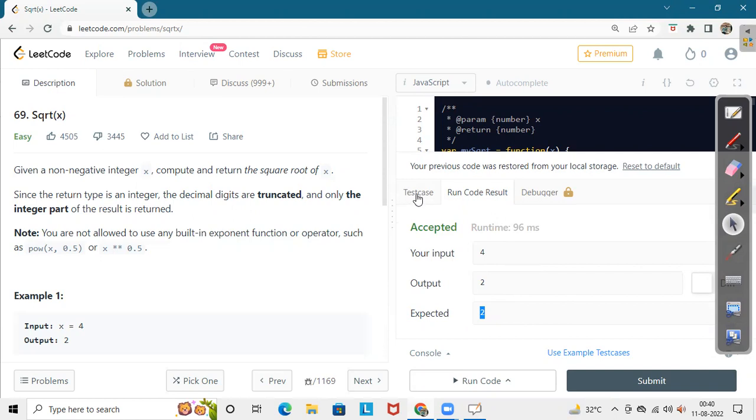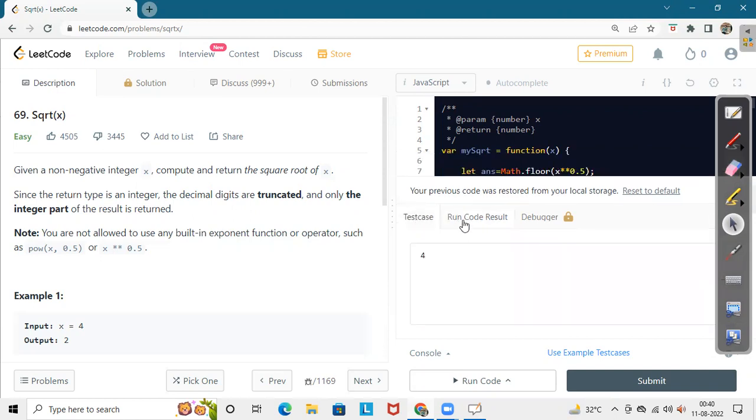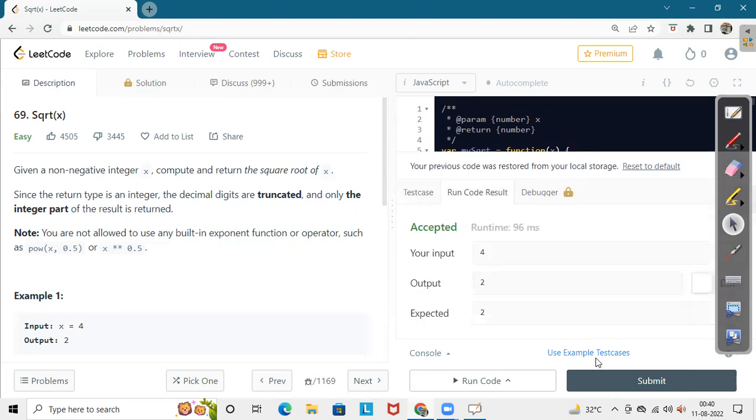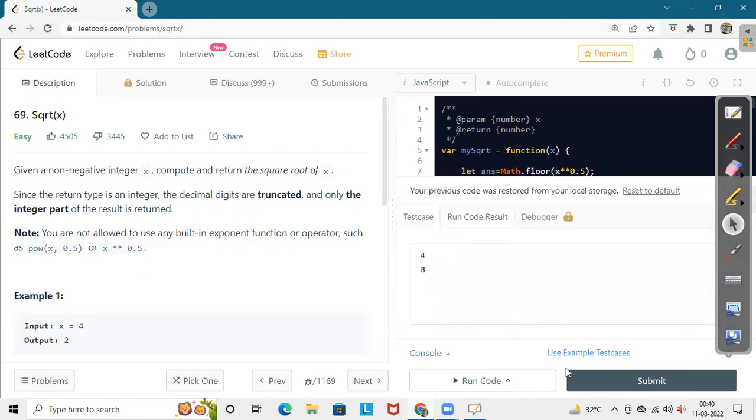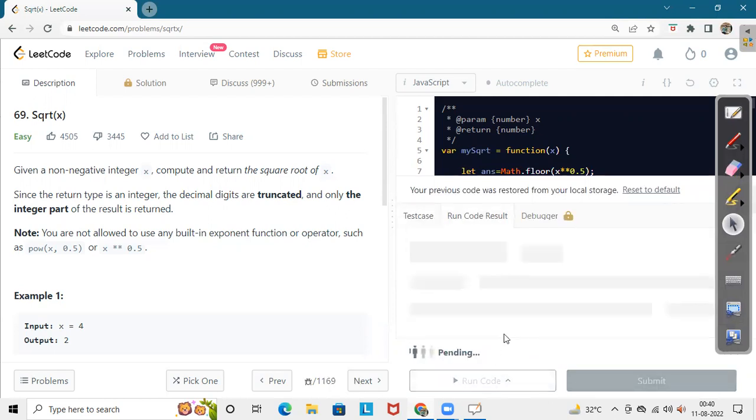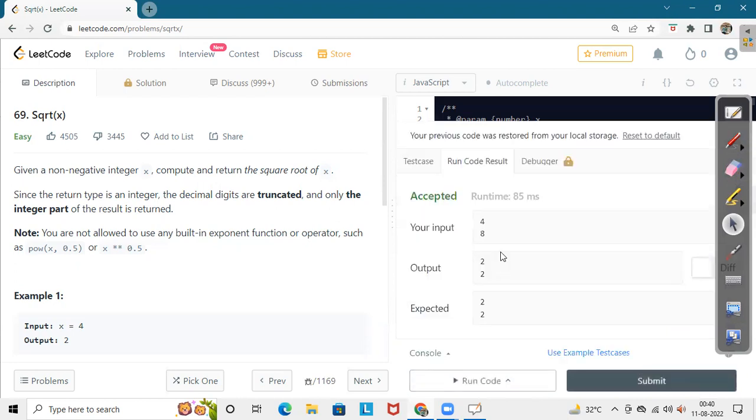Let us take a look at some more examples. Accepted means all the example test cases have passed.